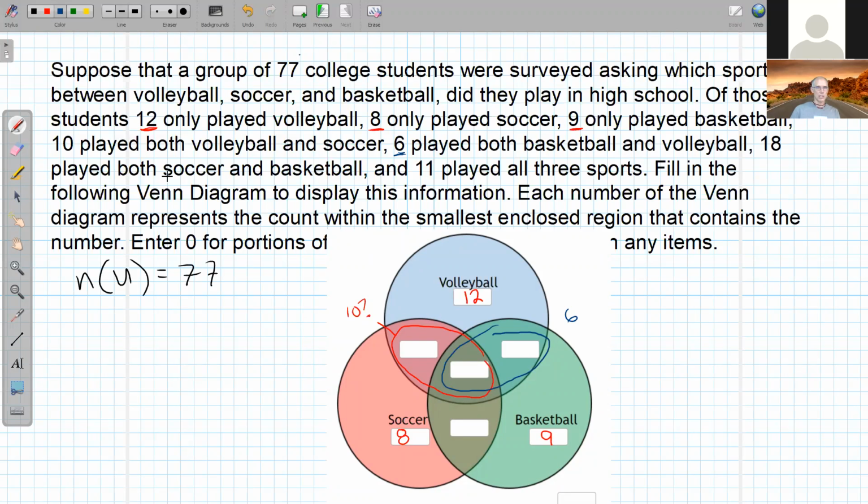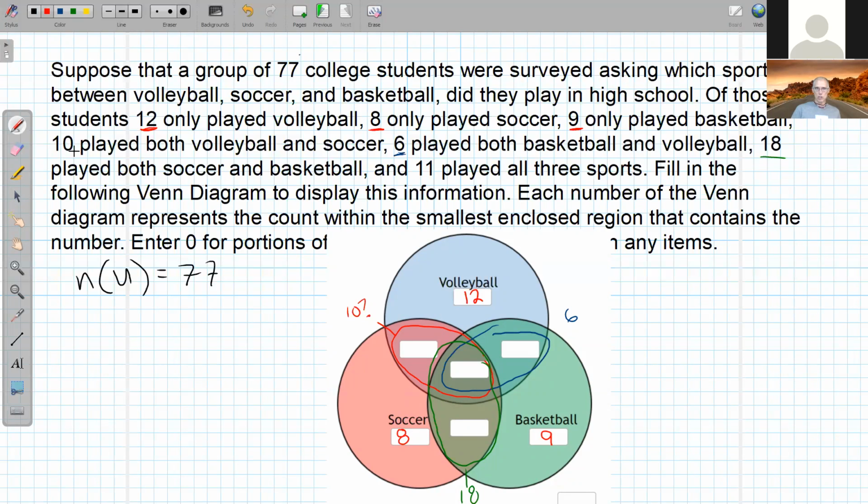18 played soccer and basketball. Another color. So soccer and basketball is this region. So I think that is 18. 11 played all 3. Ooh, that can't possibly work out. So I think they worded this problem badly.